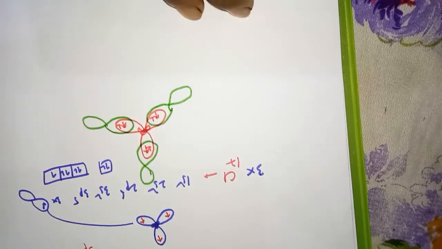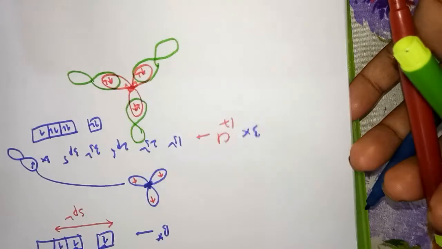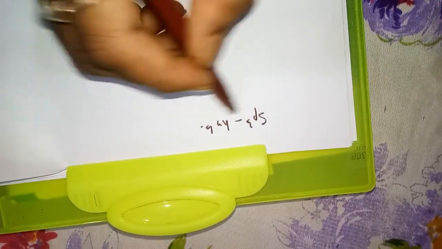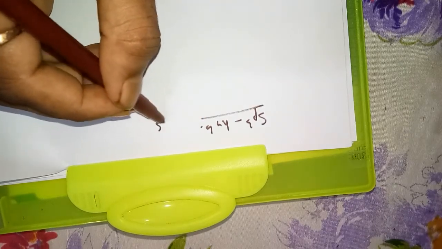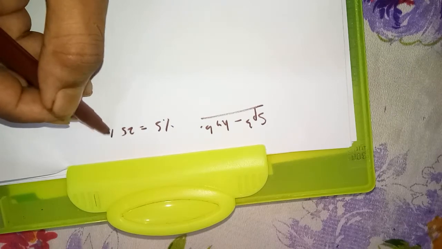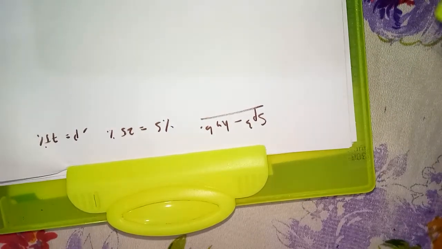Next, we are doing sp3 hybridization. So the percentage of S character is 25%, the percentage of P character is 75%.